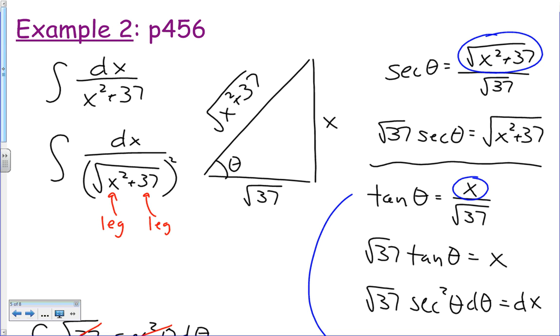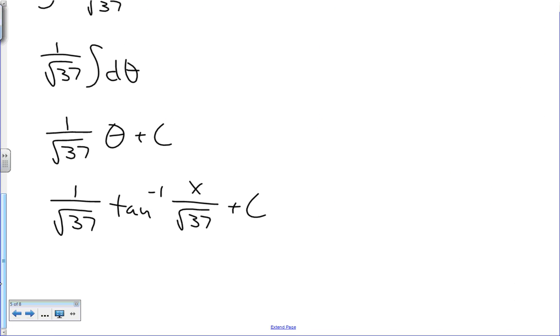You may recall that you've seen the derivative of tangent inverse, which looks a lot like this original integral. And so that's why our answer turned out to be basically just tangent inverse. The derivative of tangent inverse is 1 over 1 plus x squared. And so for that reason, we ended up with an answer that was very similar to just tangent inverse of x. All right, and that is the first half of this section.